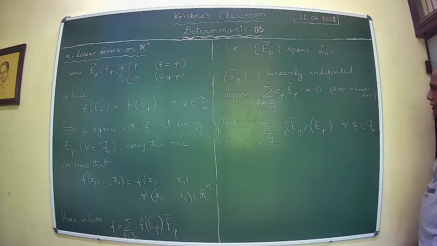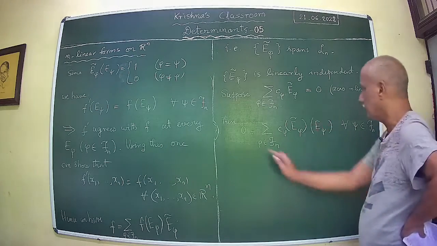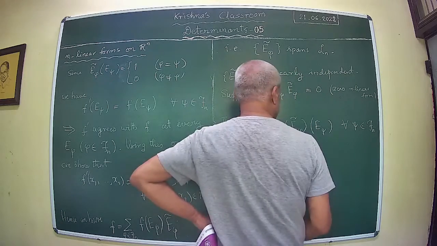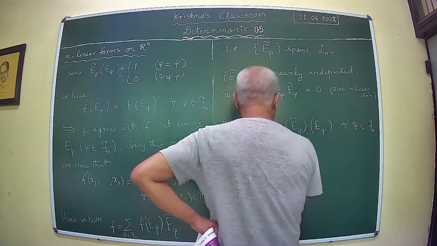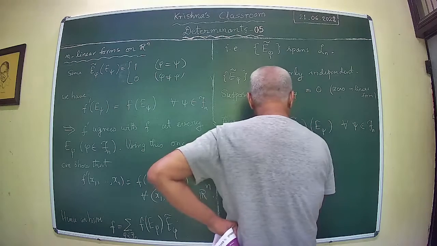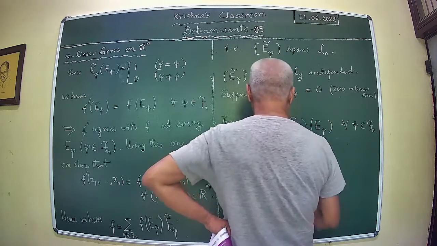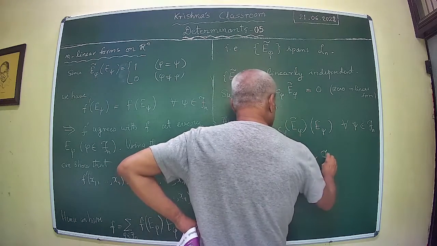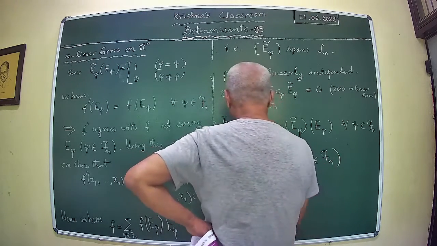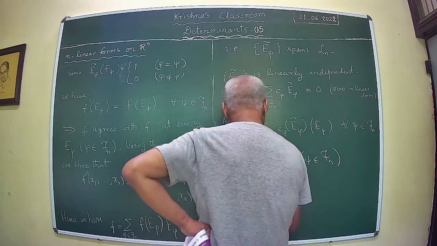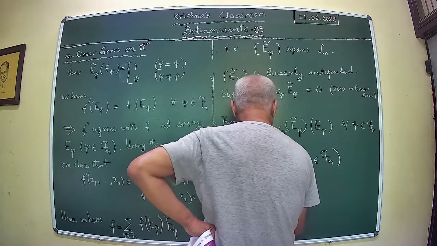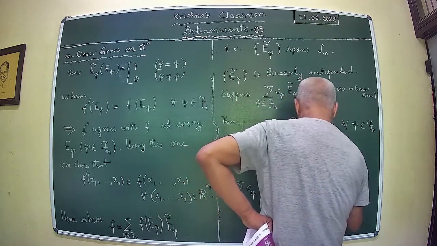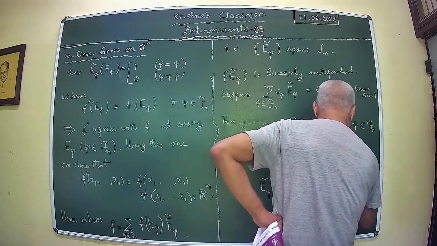This is true for every E psi. So in fact the evaluation of this over E psi is equal to 0, which in turn is equal to C psi. Therefore, or in other words, sigma C phi E phi tilde equal to 0 implies C phi equal to 0 for every phi belonging to Fn.